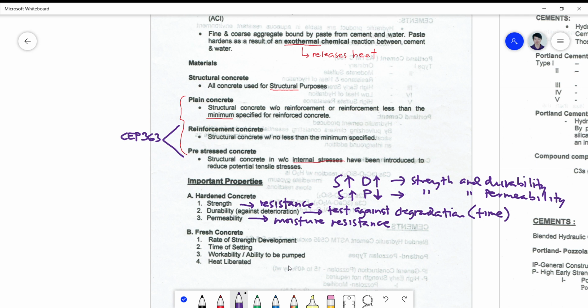For the rate of strength development, this has something to do with the graph in which the strength is measured in terms of time t. Some concrete have a very fast rate of strength development, some may be low.